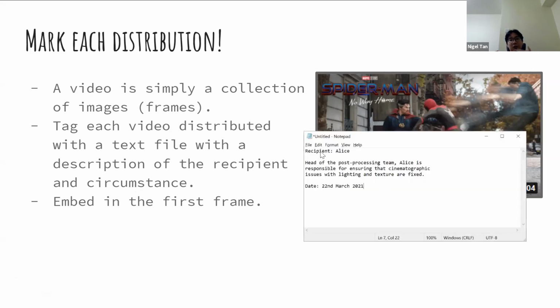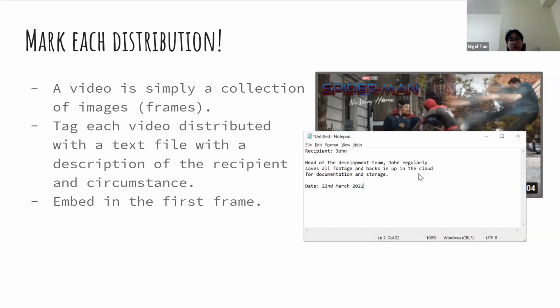For Alice's version, your text file can simply be: recipient is Alice, head of the post-processing team, responsible for ensuring that issues with lighting and textures are fixed, sent to Alice on the 22nd of March. And for Bob, same thing, just a text file: Bob, head of publicity, in charge of deciding if a certain trailer is sufficiently engaging for release, 25th March 2021.